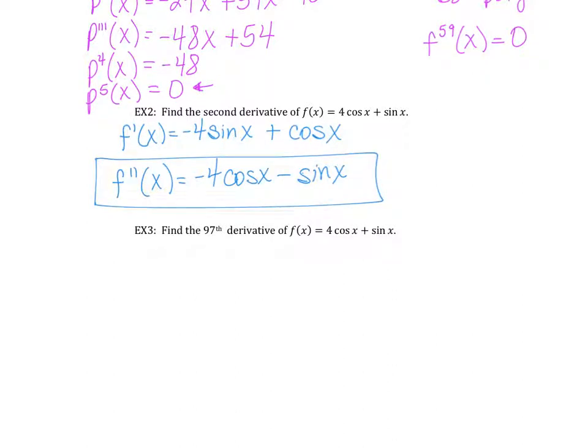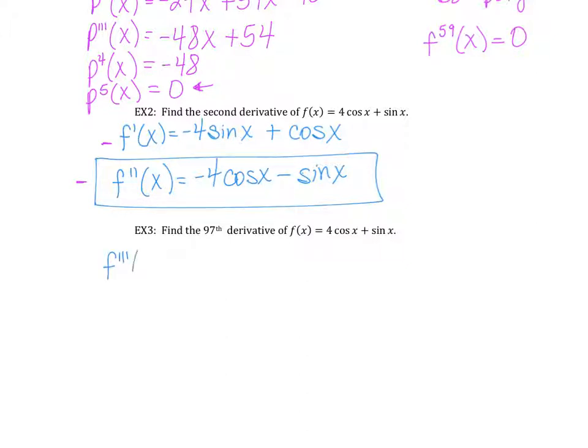So notice the question in example 3 is the same as it was in example 2. So I'm not going to sit there and rework the first and second derivatives because they're sitting right here. Had I not started the problem, then I obviously would have had to do that. But I say, if they're asking me the 97th or the 20-something derivative, there's got to be a pattern.